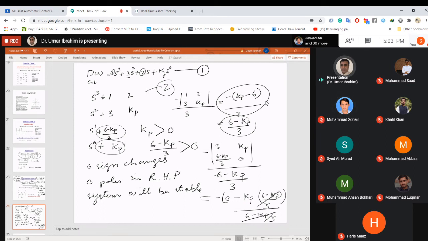So the question was, for what value of Kp is the system stable? The answer is, the system is stable for Kp greater than 0 and less than 6.